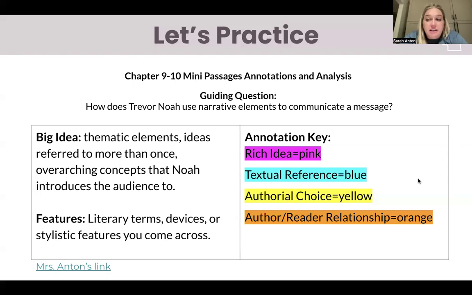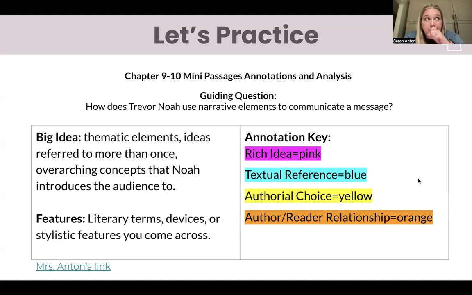The rich idea is in pink. That's the thing that you say is happening as a result of the authorial choice. So, like the effect, okay? Your text references are going to be in blue. Your authorial choices, the thing you're calling out, like lit devices or features, is in yellow. And then the author-reader relationship is in orange.